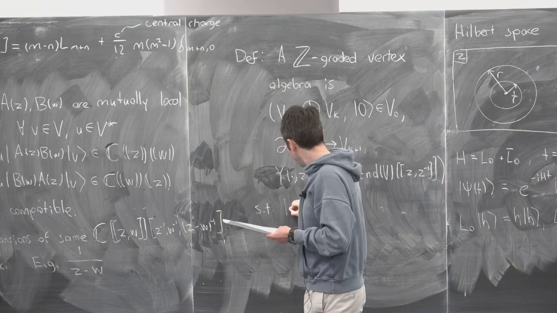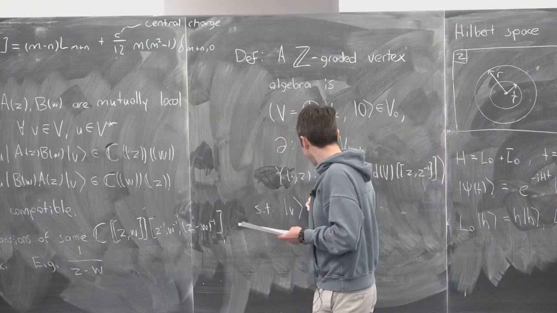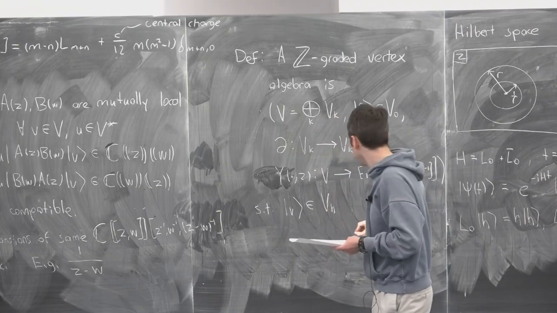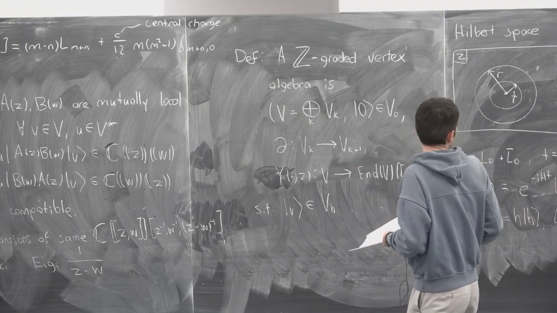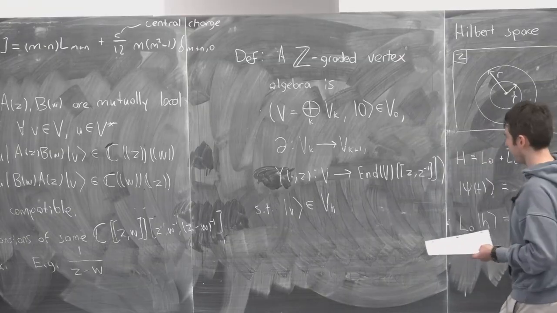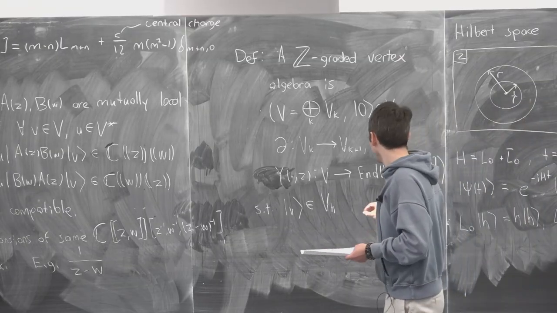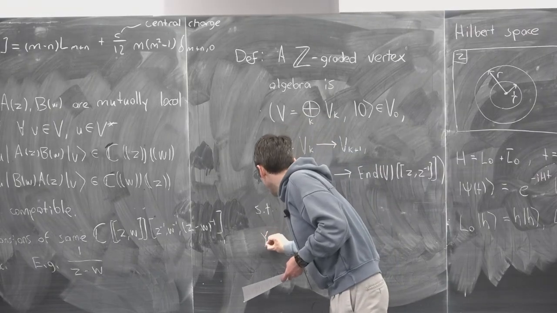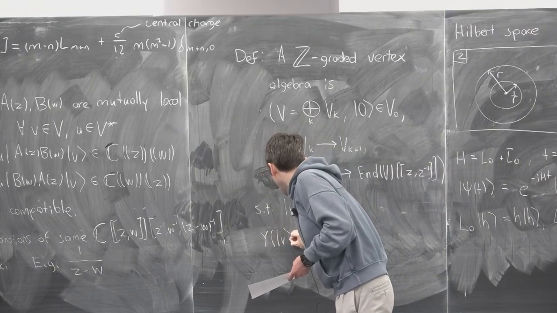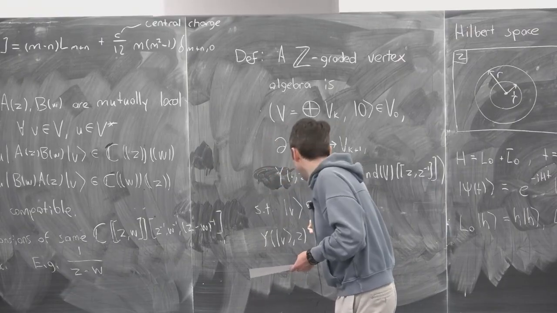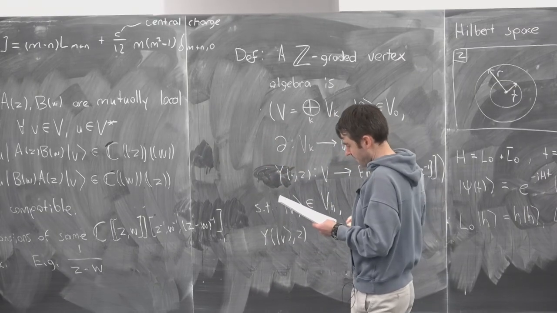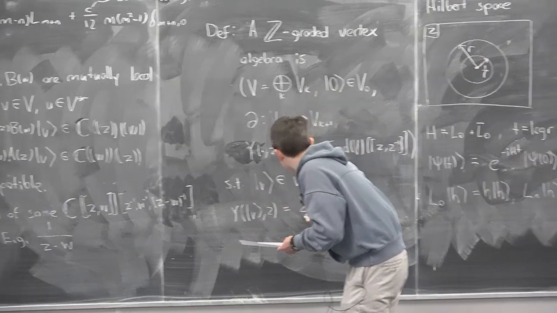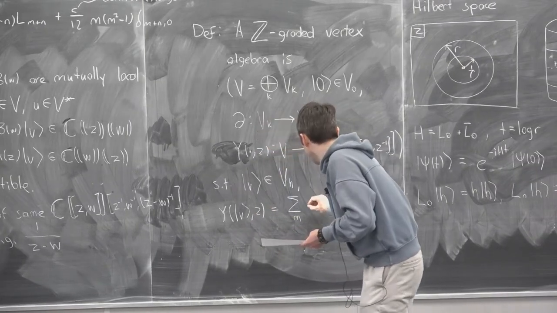So if a vector has grading H, which you should think of as an L0 eigenvalue, then Y of that vector and Z is going to look like this.